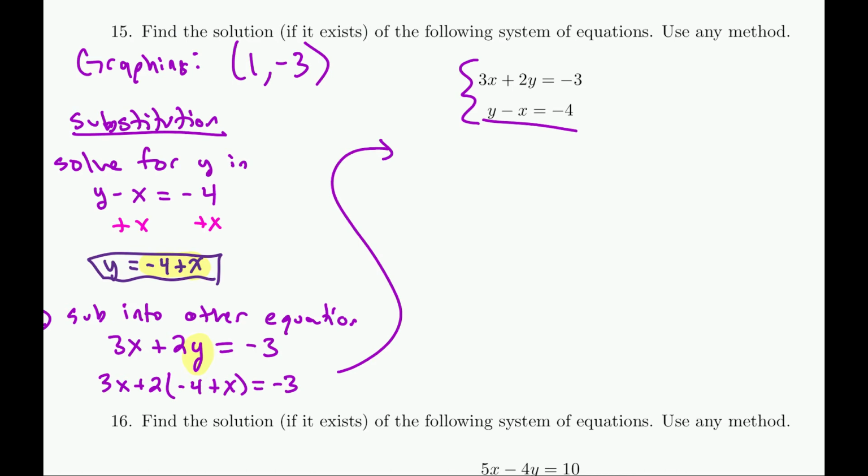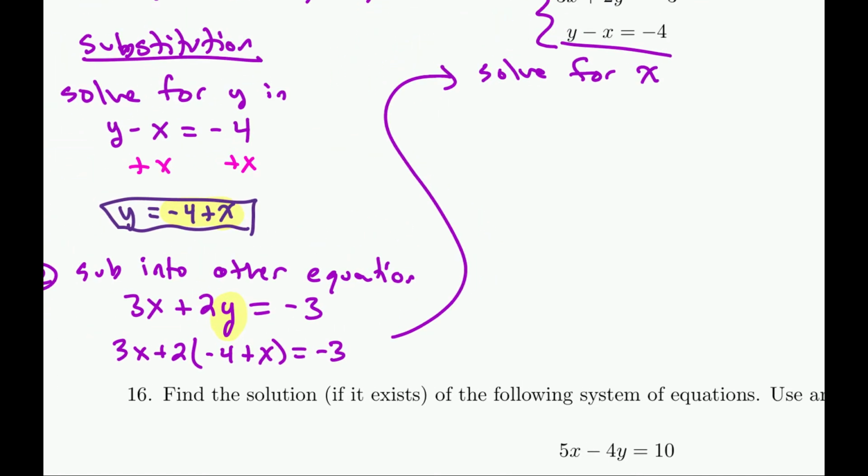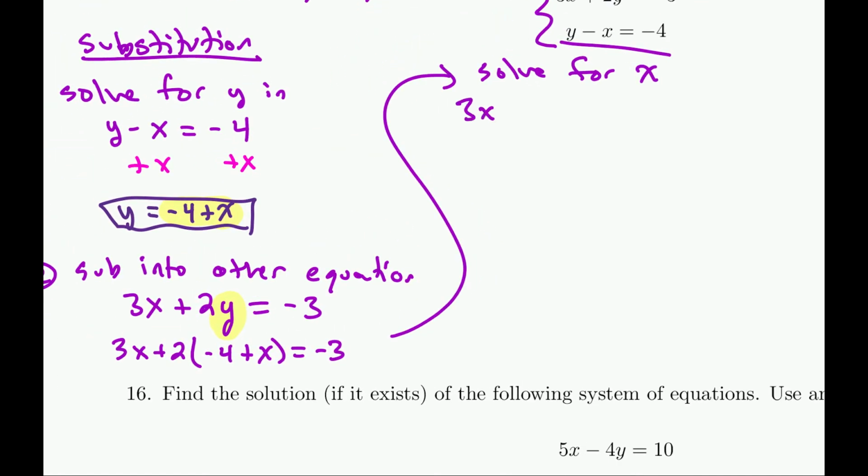So then we need to solve this for x, because x is the variable that's in there. We've got to multiply this all out. Looking at the bottom equation, we've got 3x plus 2 times negative 4, which is going to be minus 8.